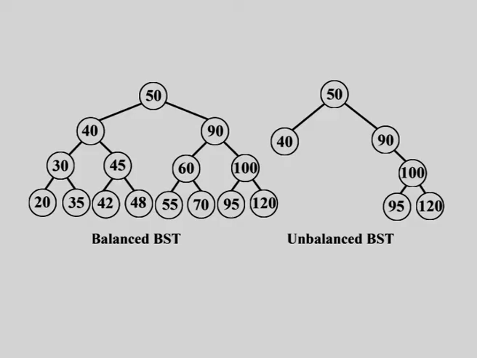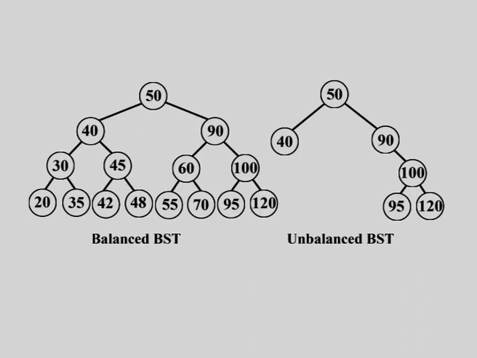The tree is said to be balanced if the height of right and left subtree of each node is equal. Here is an example of balanced and unbalanced binary search tree. Binary search tree shown in the left side is balanced binary search tree because the height of left subtree and right subtree of each node is equal.